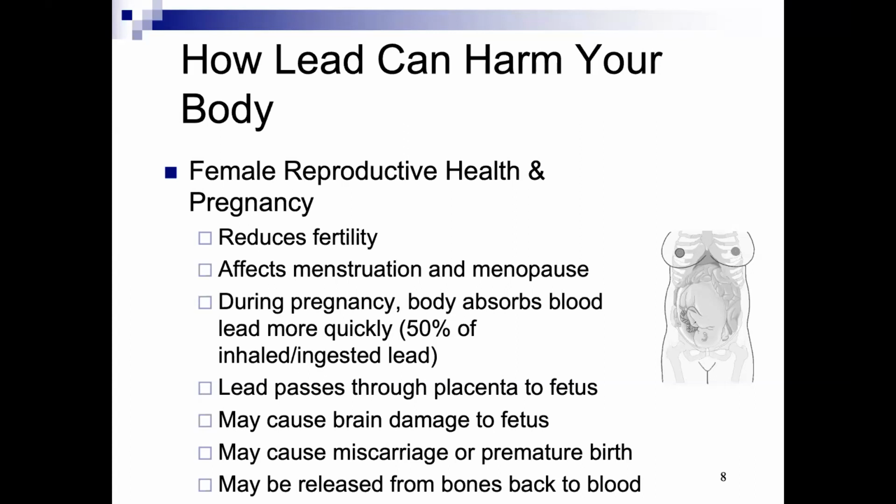So if the mother is lead poisoned as part of her occupation and she is pregnant, some of the lead will go to the fetus as well. Obviously, the fetus is at its most sensitive stage, so it can cause brain damage, miscarriage, or premature birth. And again, if you had a history of lead exposure before you got pregnant, pregnancy can increase the release of lead from the bone into the blood.